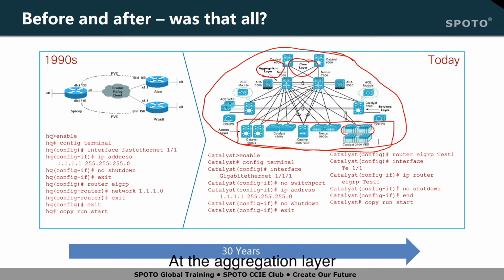At the aggregation layer, you have firewall, logical. You also have intrusion detection and prevention system running on the catalyst switches, with switch virtual chassis as well. So this is much more complicated compared to 30 years ago. That's why the enterprise requires a software-defined network to automate some of the tasks, and with a single pane of glass for the visibility.